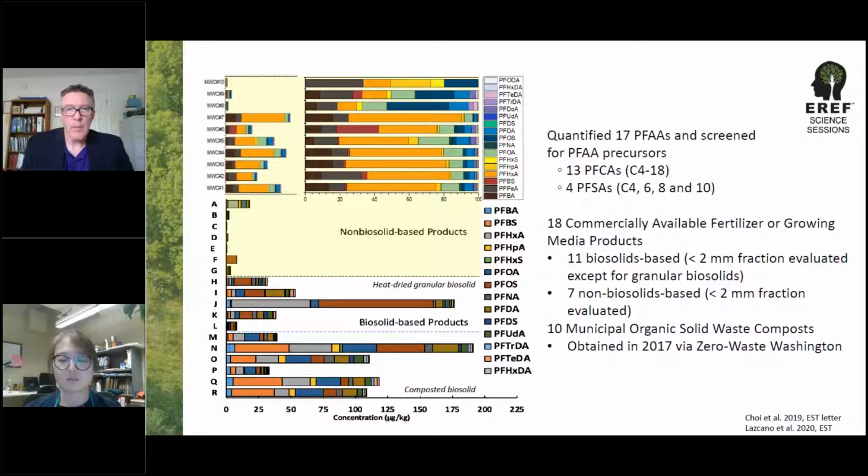And is it fair, based on what you just said, and again just trying to summarize this for our audience, that for non-biosolid based composts, what you found is pointing towards food contact as the primary source?